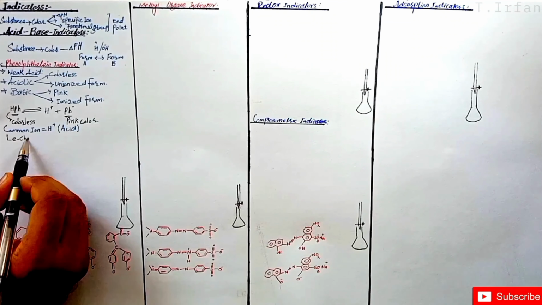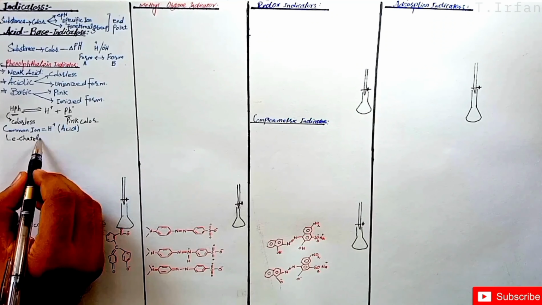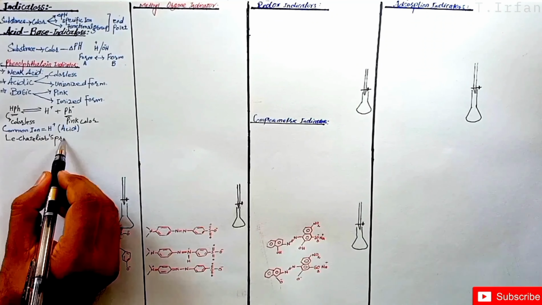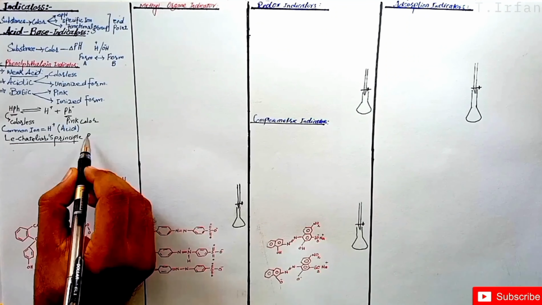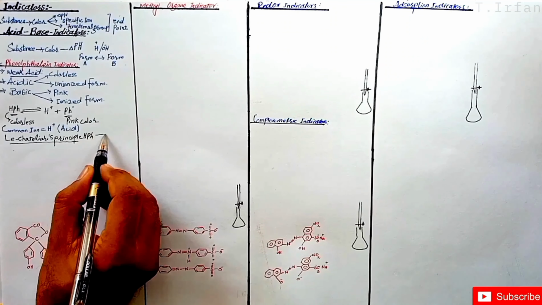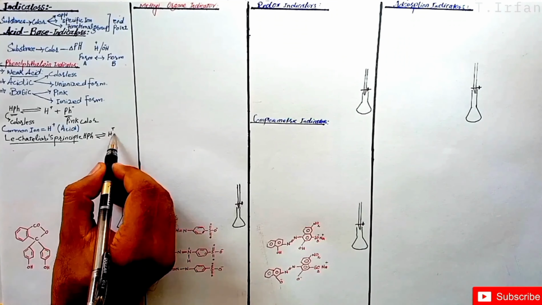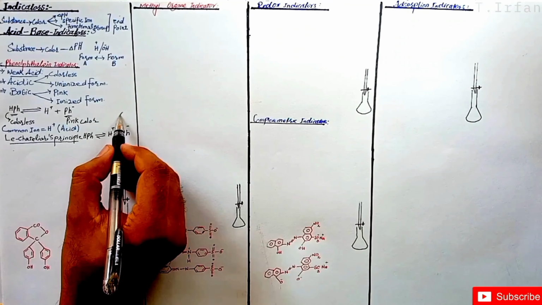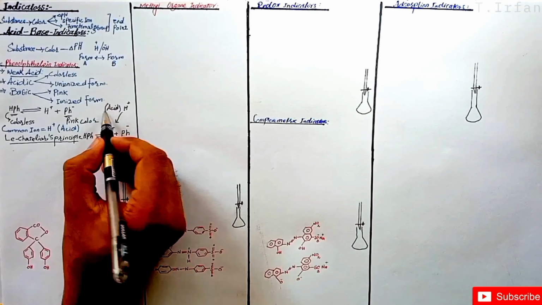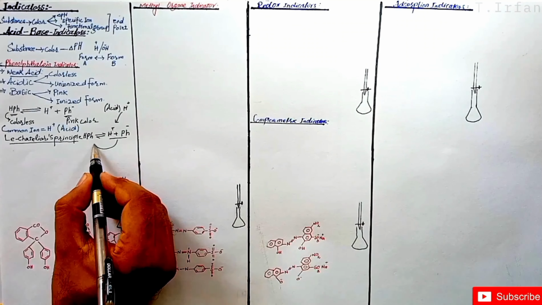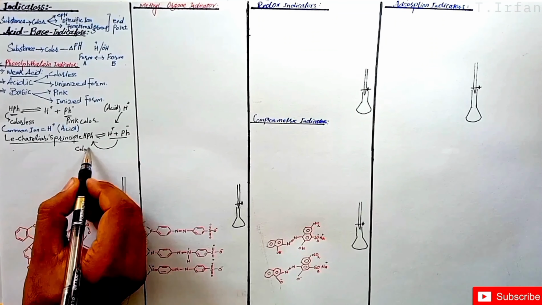It comes from the acid as well as from this indicator. So according to Le Chatelier principle, this common ion suppresses the ionization of this indicator, which is a weak acid or weak electrolyte, and the reaction moves backward and forms the HPh form of this indicator which is colorless. In this way, this indicator in acidic medium shows no color.